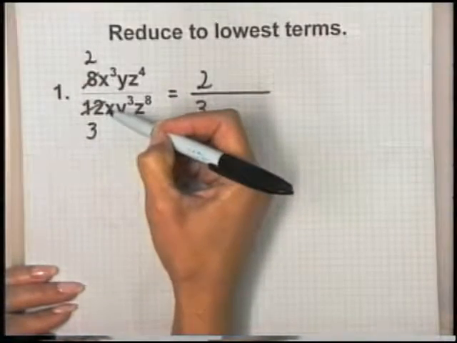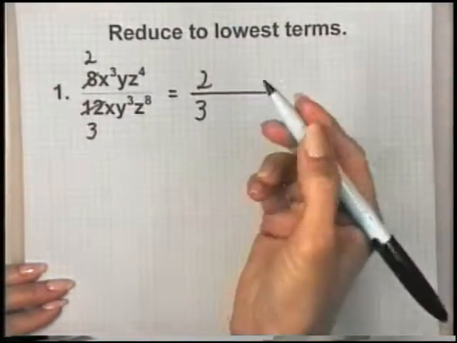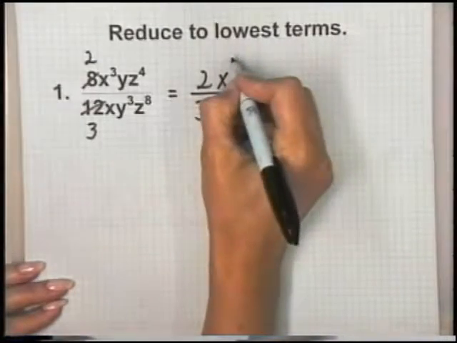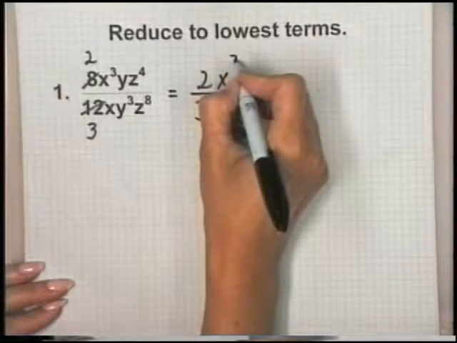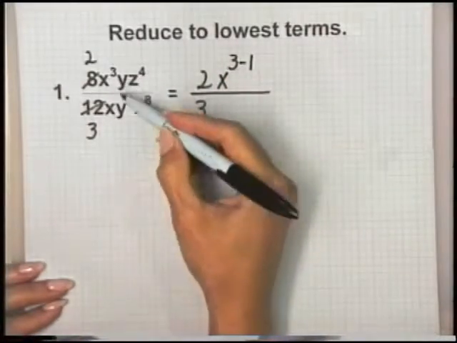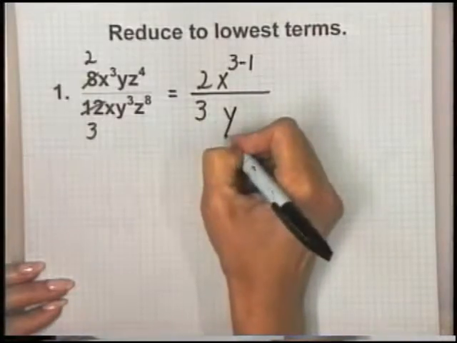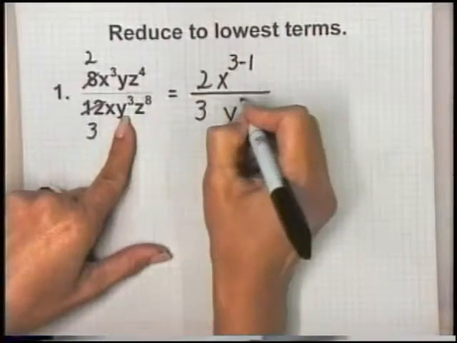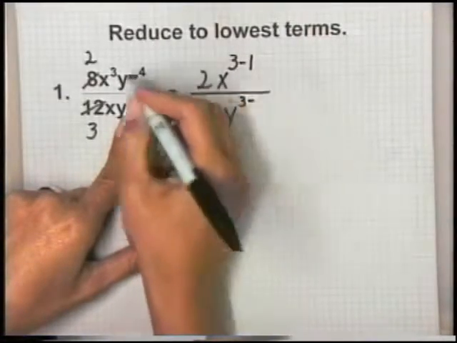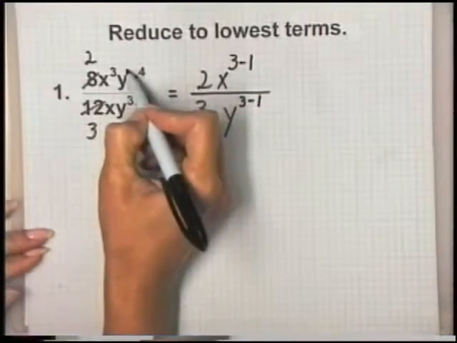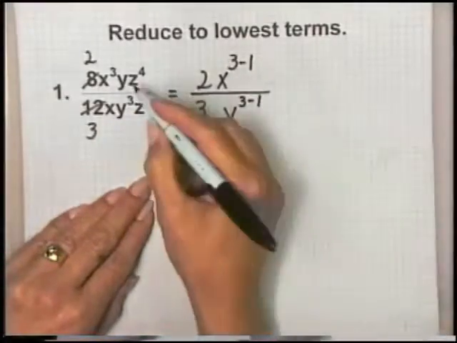For our x cubed over x, since I have more factors of x in the numerator, my x will stay in the numerator. Using my exponent laws, I know I'll have 3 subtract 1 for the power. For my y's, I have more factors of y in the denominator. Using my exponent laws, I'll say 3 subtract the 1, getting the 1 as the power of my y in the denominator.